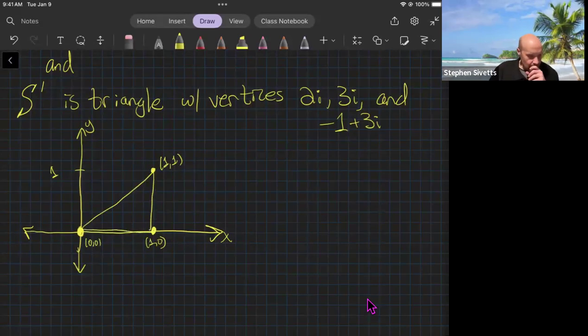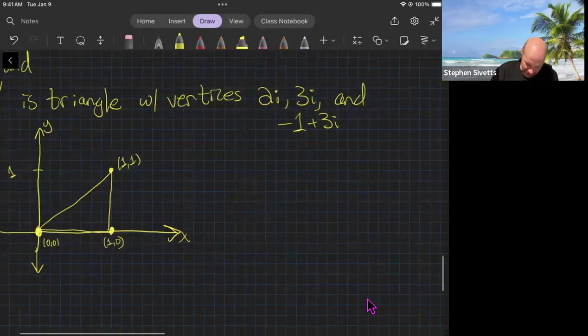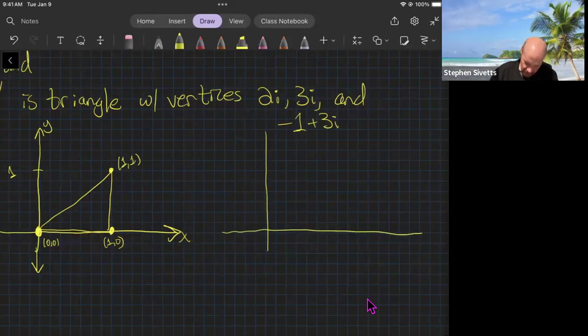Okay, and what we want to do is, if we're given S prime, which looks like another right triangle, so here we'll have -1, we'll have a 2 and a 3 up here.